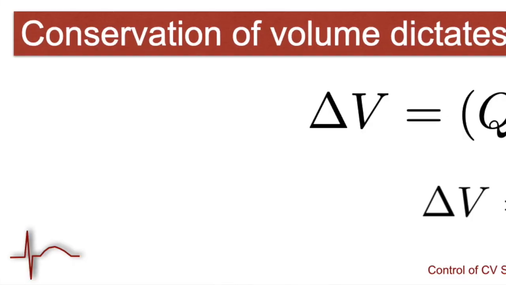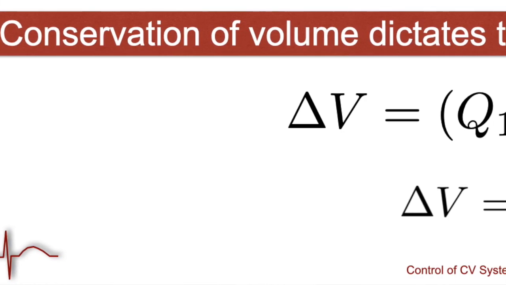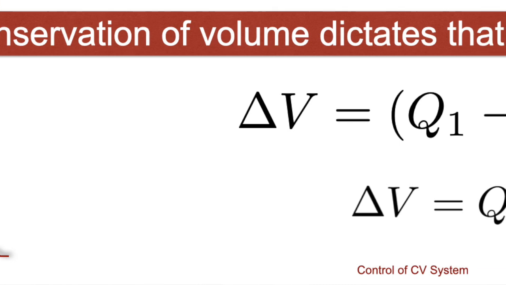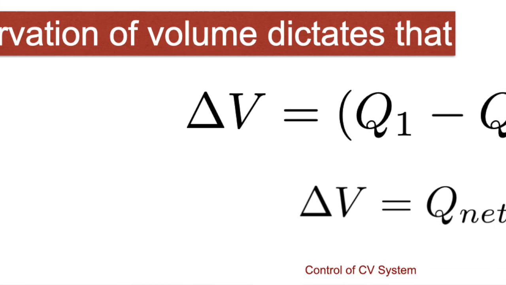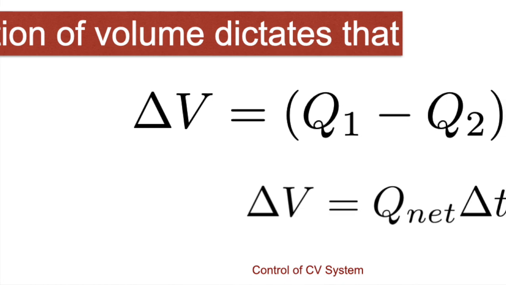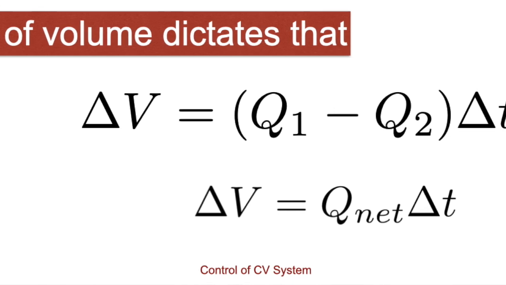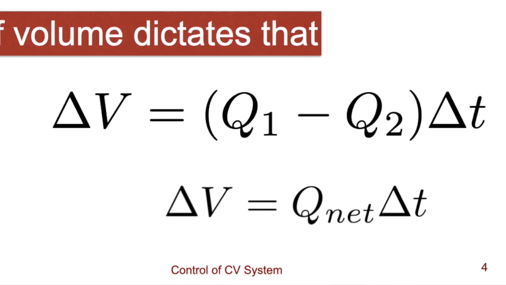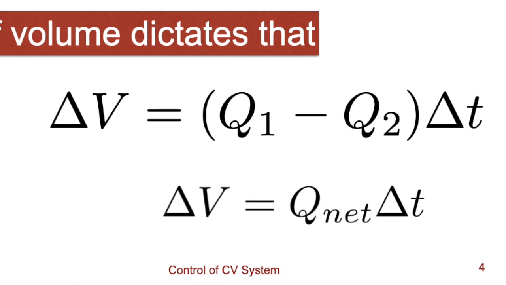And then, of course, we have conservation. All good physics systems have conservation. And here we have conservation of volume. So the volume has to be conserved in a closed system, but it can be moved around, right? It's constantly being moved around because the heart's pushing it. And that creates a time-dependent flow pressure situation where the compliance plays a role, and all these things come together. So it's good to keep in mind that any difference in the input flow compared to the output flow over some period of time will cause the volume to change.